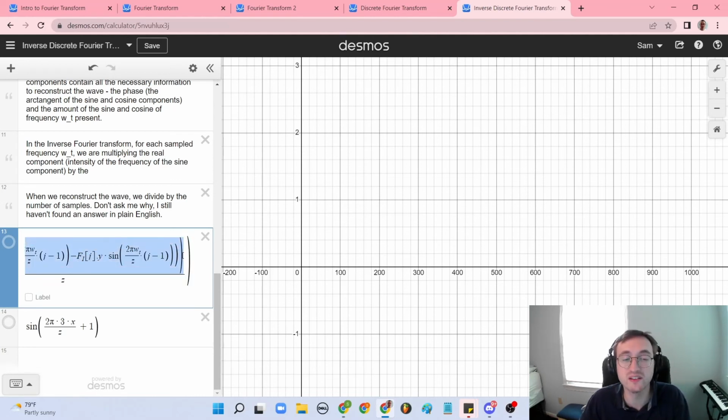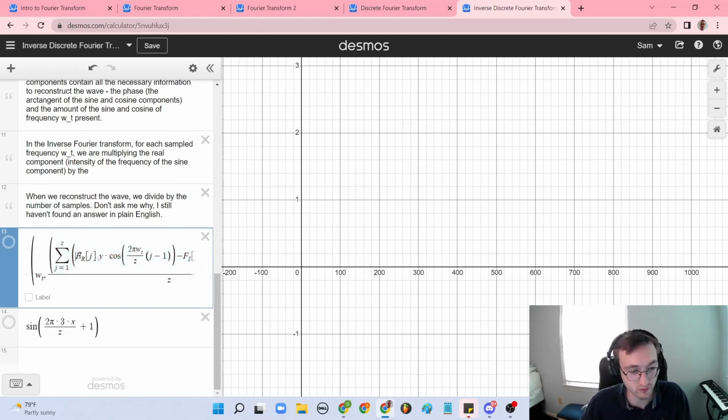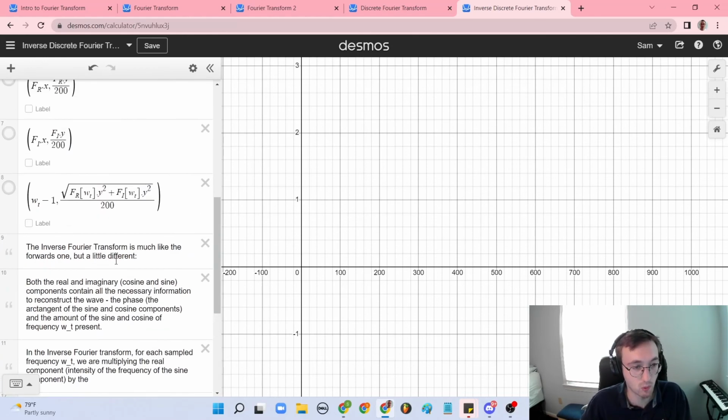Otherwise, you would be sending in two different waves that represented both the sine and cosine components. But you're just sending your wave that is all real numbers, and so you can think of there being no sine component.